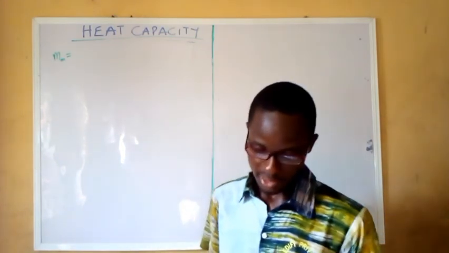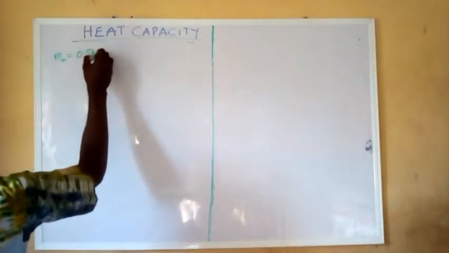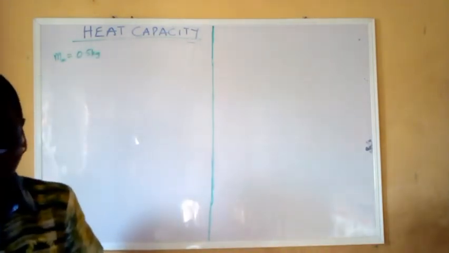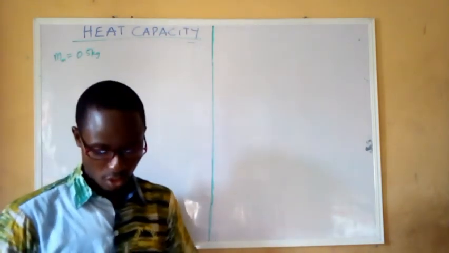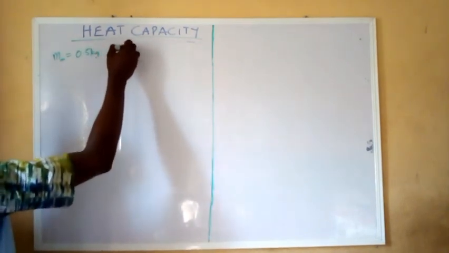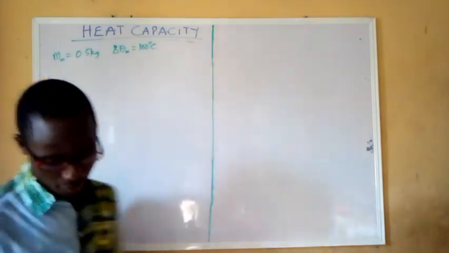So a metal of mass 0.5 kg is heated to 100 degrees Celsius. We don't know the initial temperature, but we know it is heated to 100 degrees Celsius.